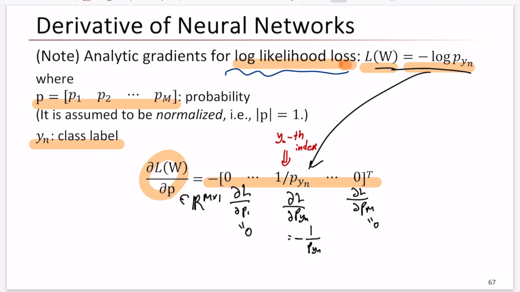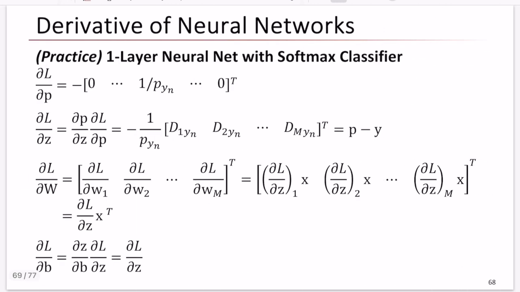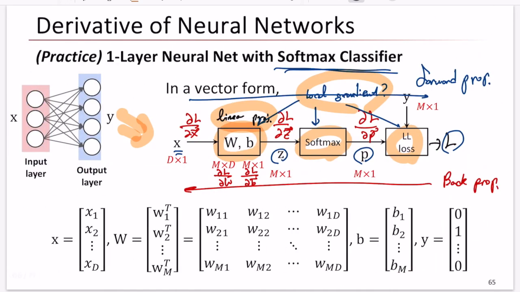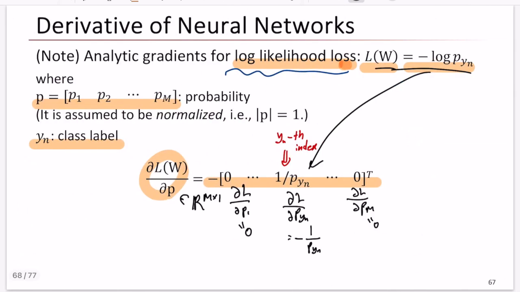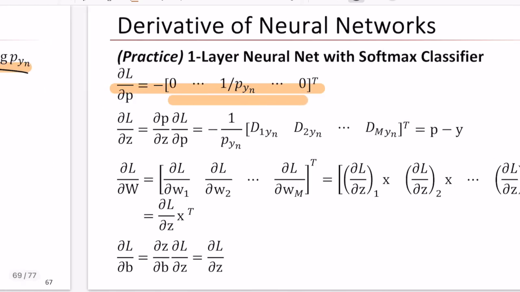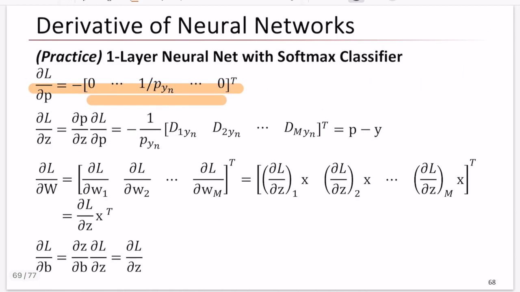So from now on, let's backpropagate. First of all, let's go back to this one, from the loss layer to the softmax layer to the linear operation layer. The loss gradient with respect to P is like this, right?